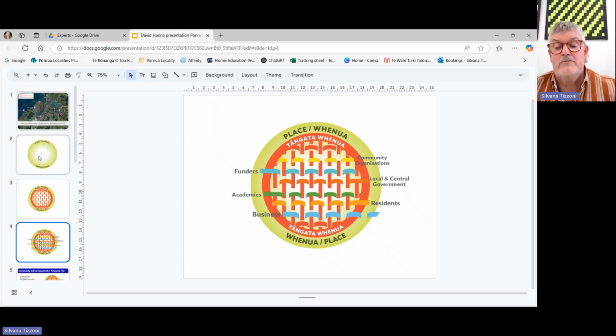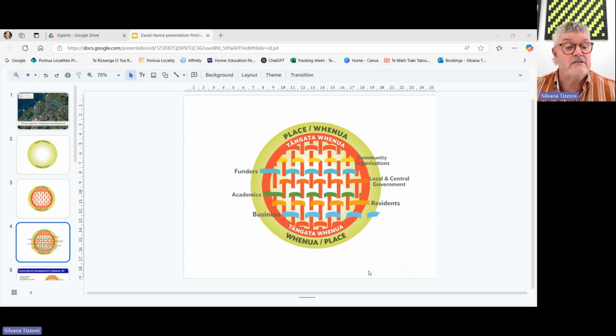This diagram shows some of those different groupings: local government, community organisations, sports clubs, all those groups that make part of the community, businesses, etc. So that's part of the rich korowai or tapestry that makes up the Pororua community, and all of them interweave and have a relationship with mana whenua and the land which they occupy.